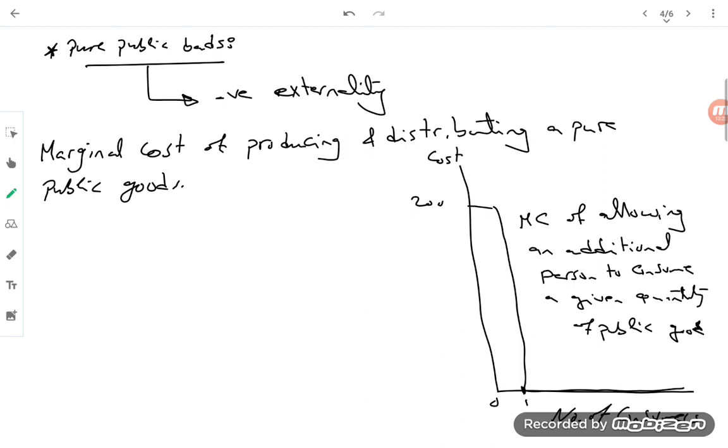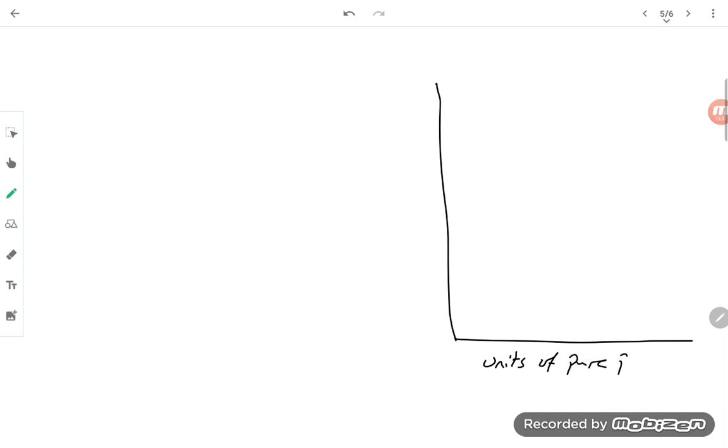What about the marginal cost of producing pure public good? This is units of pure public good, and this is cost. The marginal cost of producing is always positive.